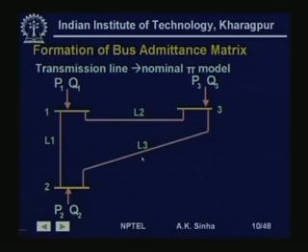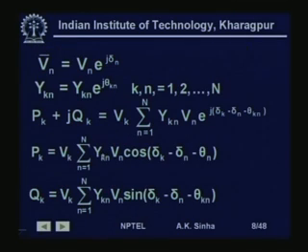Another aspect of these equations is that they involve the voltages and the admittance matrix elements of the system. We are writing the real and reactive power in terms of voltage phasors and the admittance matrix elements.